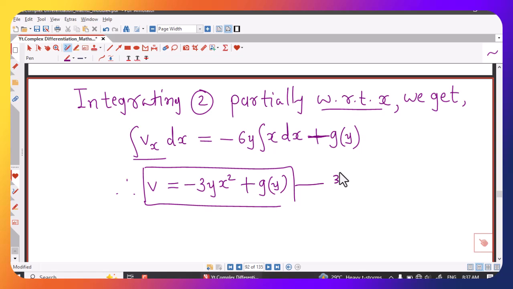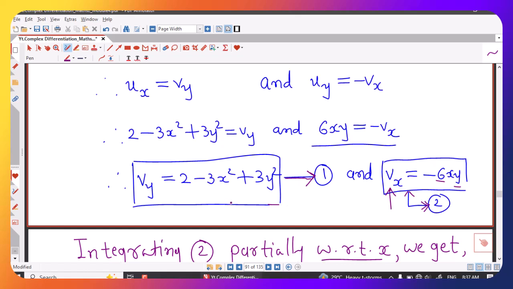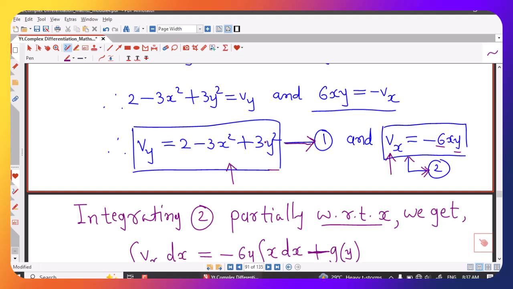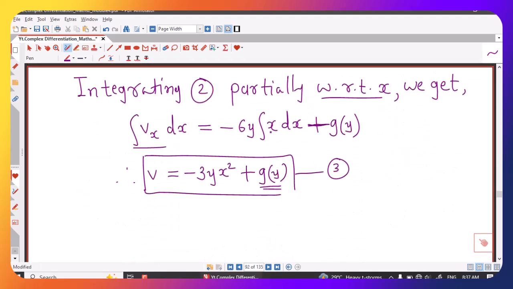Here we don't know what this function g of y is, so to obtain this function we will use another partial derivative of v, that is del v by del y.